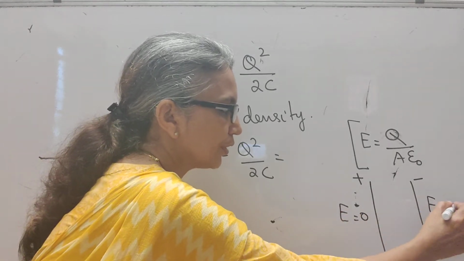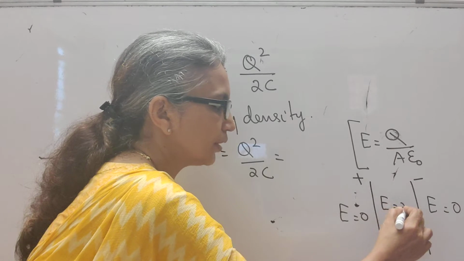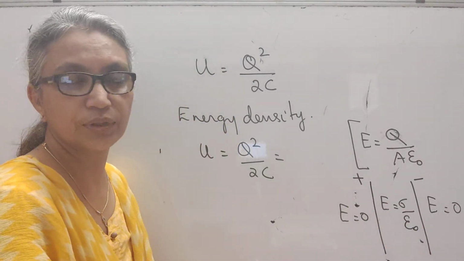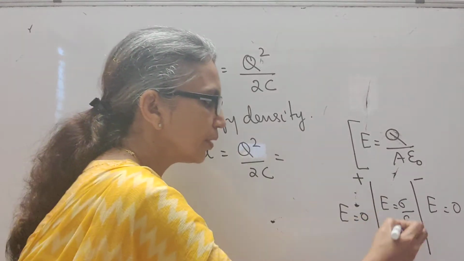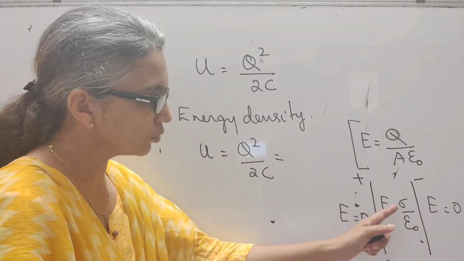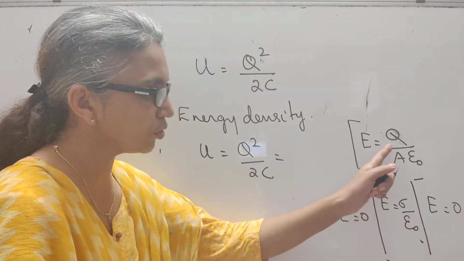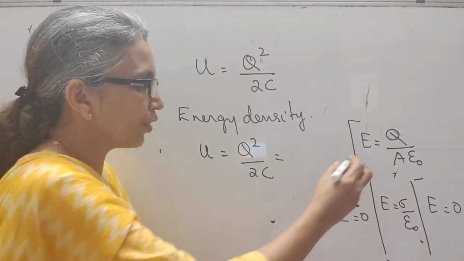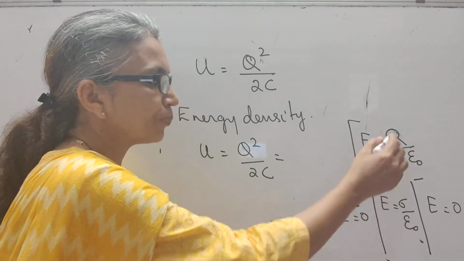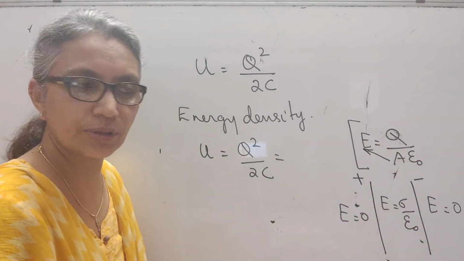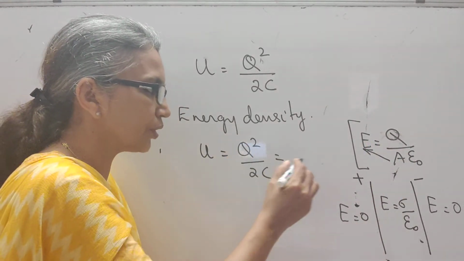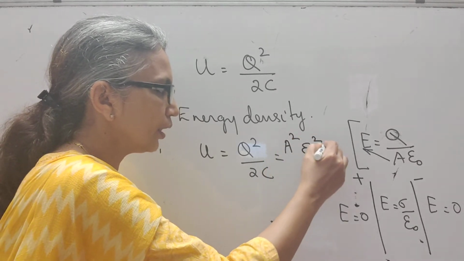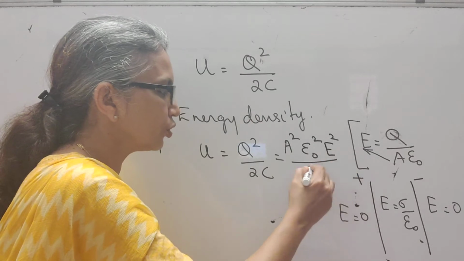Here also the electric field is 0. But between the two plates, it's sigma by epsilon 0. If you don't remember, please go through that video once more. Sigma, you know, is Q by A. So sigma by epsilon 0 can be written as Q by A epsilon 0. So if you cross multiply, Q is equal to A epsilon 0 into E. That's what I'm going to substitute here: A square epsilon 0 square E square by 2C.